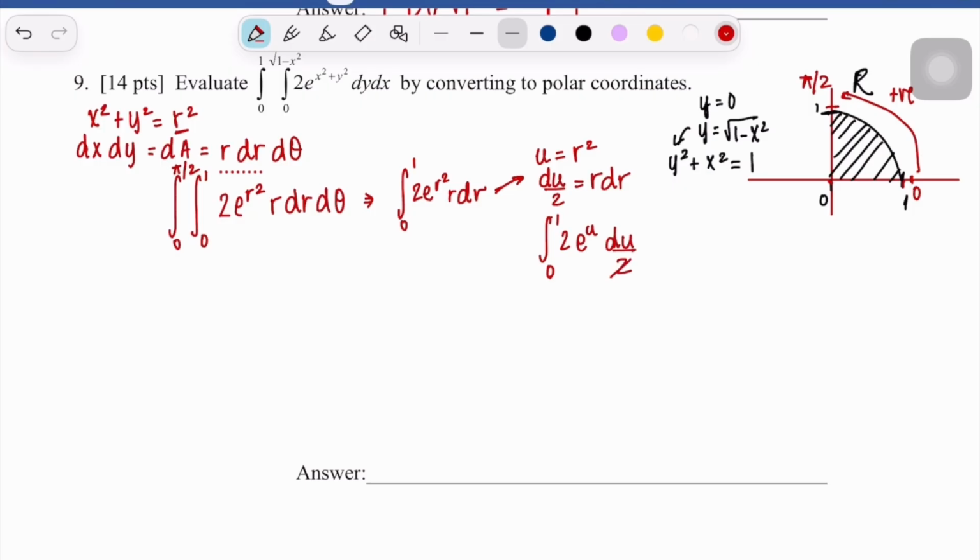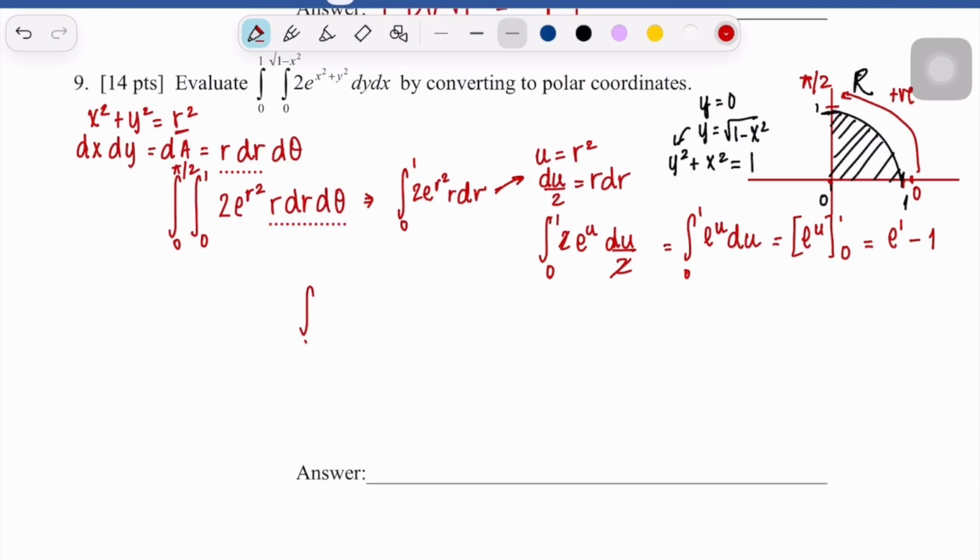So 0 to 1 e to the u du, and that's just e to the u, and this is just going to be, if you plug in 1 for u, you'll get e to the 1, which is just e. And then if you plug in 0, minus e to the 0, that's just 1.